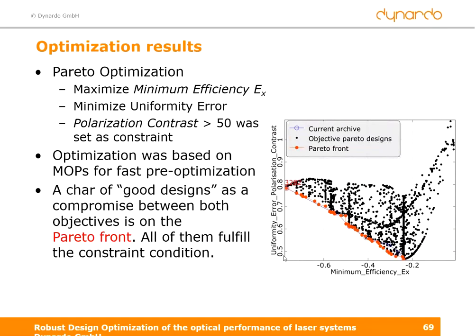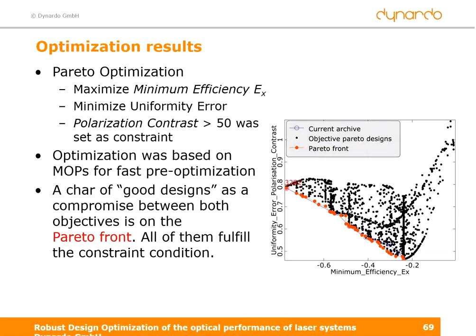Because we would like to decrease the uniformity error and to increase the efficiency in X direction, this is shown negatively here. So this part is the region of interest. And as we cannot come closer, these are really the best designs you can get.